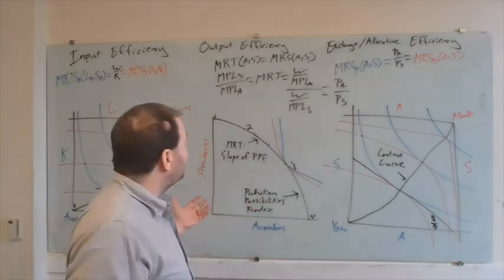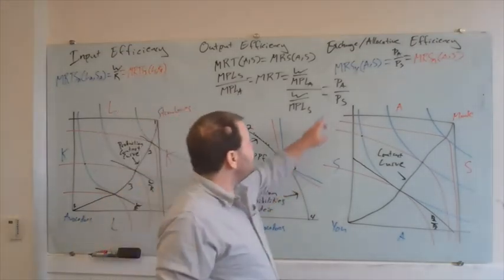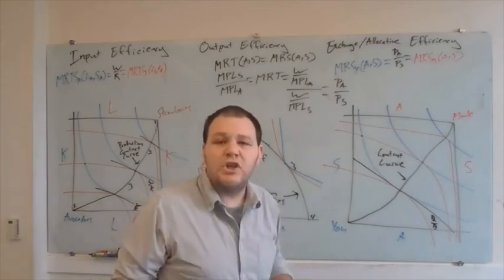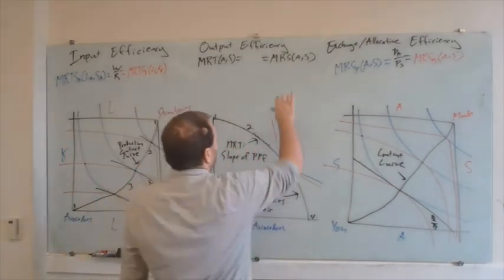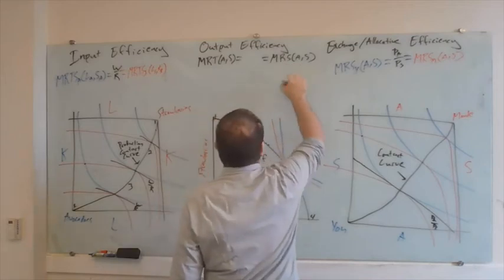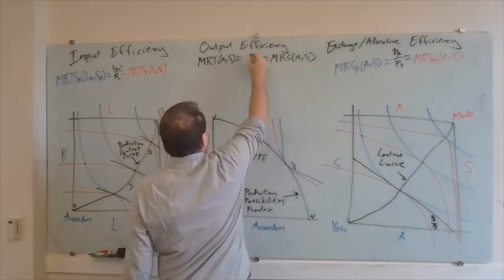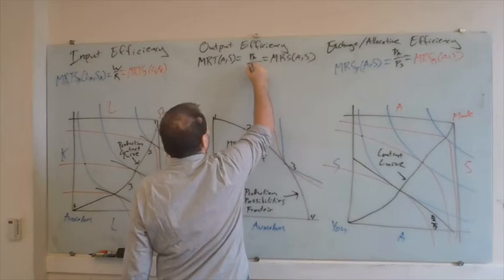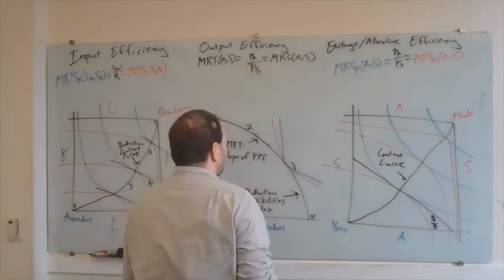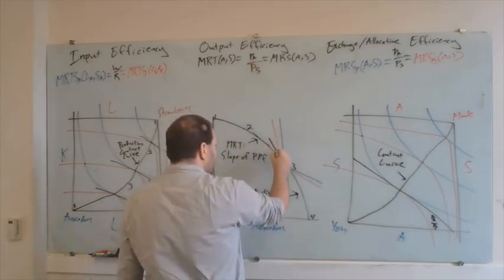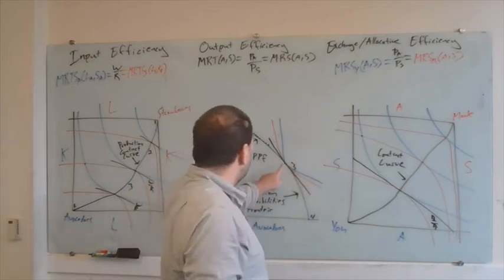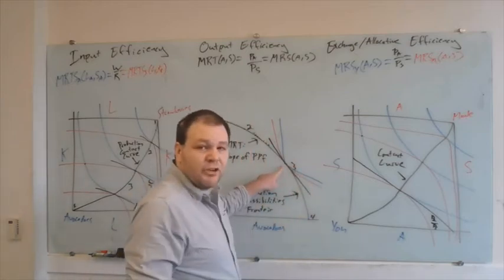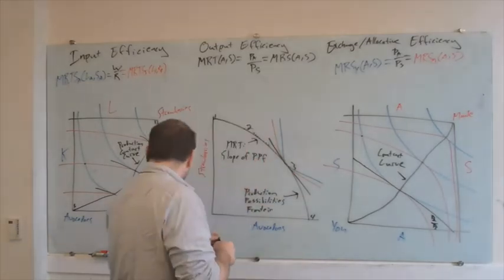So in a competitive equilibrium, we'll end up with our price ratio representing the ratio of marginal costs and equaling the relative value of the two goods for producers, right? So we're going to say MRT is going to equal PA over PS is going to equal MRS. In other words, our consumer prices are going to set the marginal cost of production equal to the marginal value to consumers.